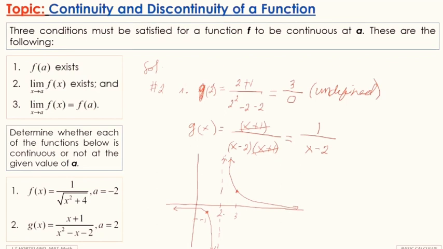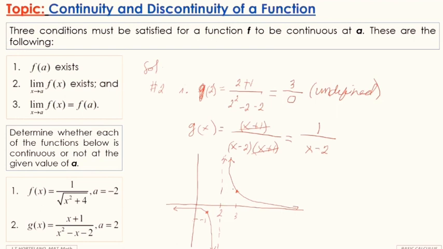You can see here that as x approaches 2 from the right, the limit of the function approaches positive infinity. As x approaches 2 from the left, it goes down, so negative infinity. So, the limit does not exist. What kind of discontinuity is this?